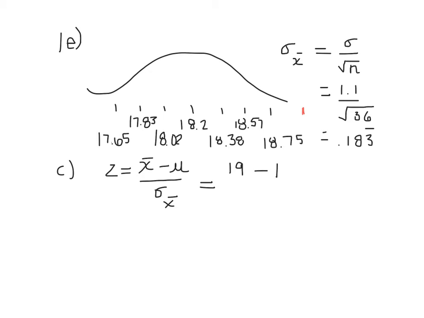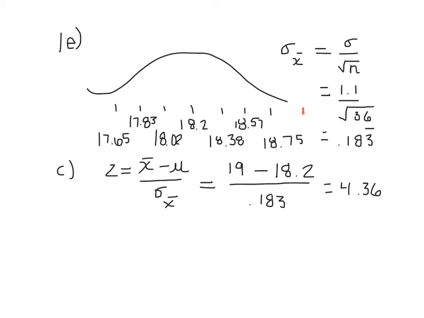Subtract the mean given of 18.2, but divide by what's called the standard error of that mean, what we got when we divided sigma by root n, and that's our 0.183. Well, when you calculate that value, depending upon how you rounded, you get something close to 4.36 standard deviations above the mean.